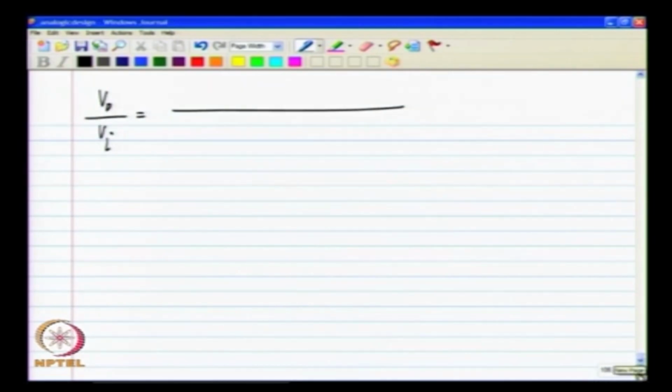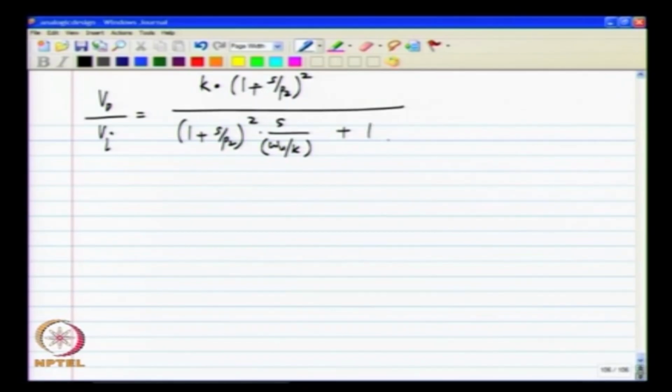So, this is what we will get, and for convenience I will replace this by a variable omega u loop.